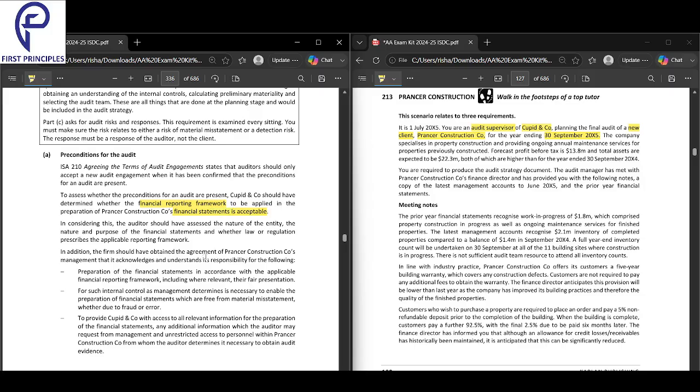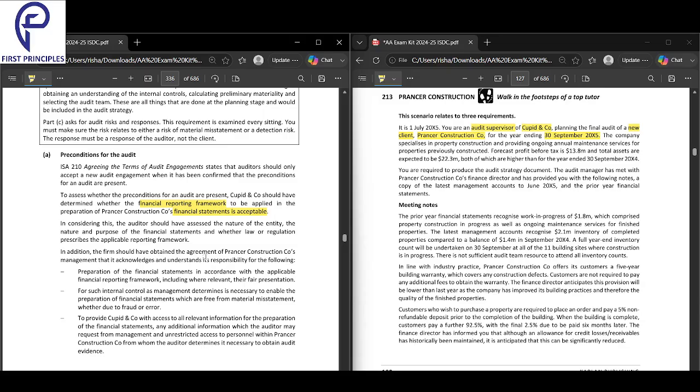In the preparation of the financial statements, did the construction company use an acceptable financial reporting framework?